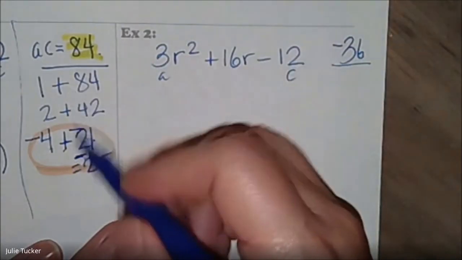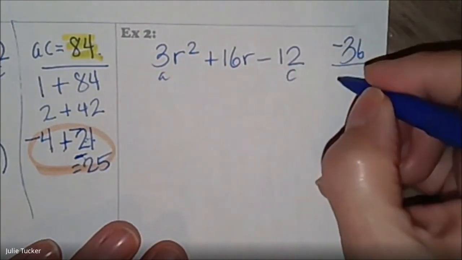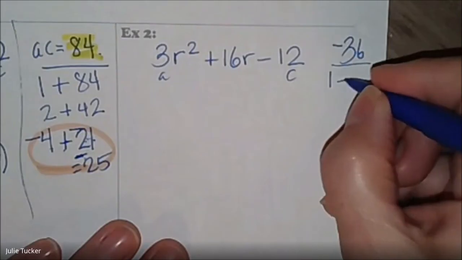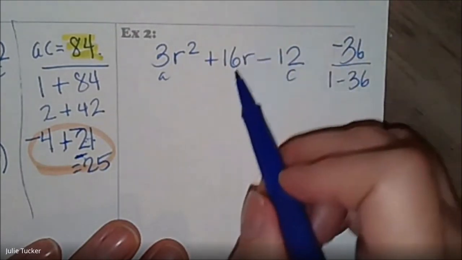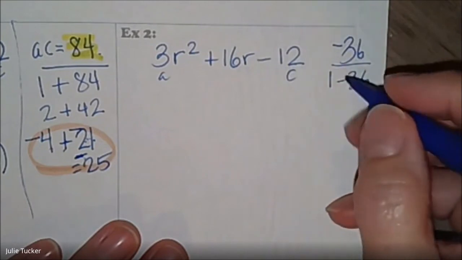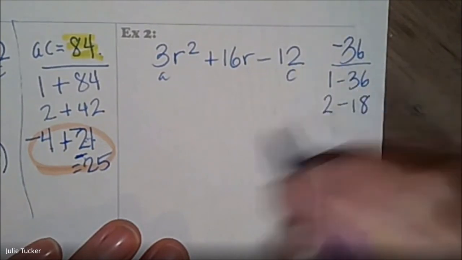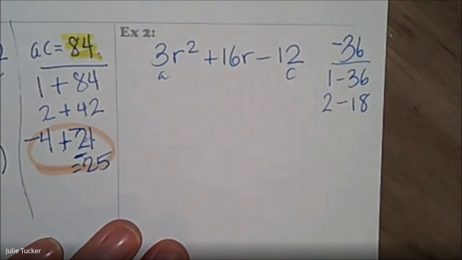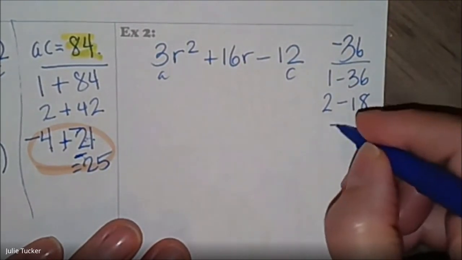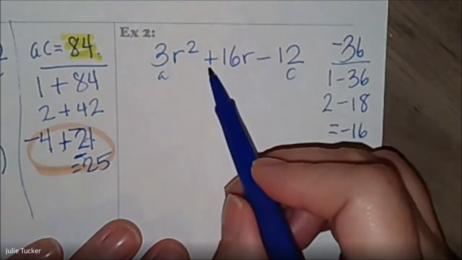Instead of adding like this one was, we're going to be subtracting factors. So first thing we have is 1 minus 36, but we're looking for an answer of 16. Next, we have 2 minus 18. Well, 2 minus 18 is negative 16, isn't it? But I want positive 16.